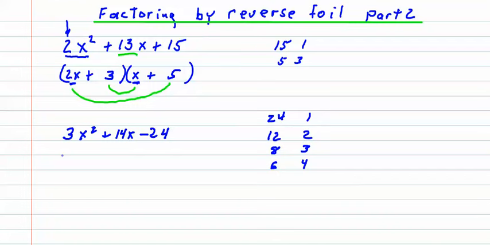Problems like this are the most difficult. So we factor it. We know to get 3x squared, we're going to need a 3x and an x. We know we're going to need a positive and a negative. It doesn't matter where I put the positive and negative. If we have the wrong sign, we'll just switch it at the end.